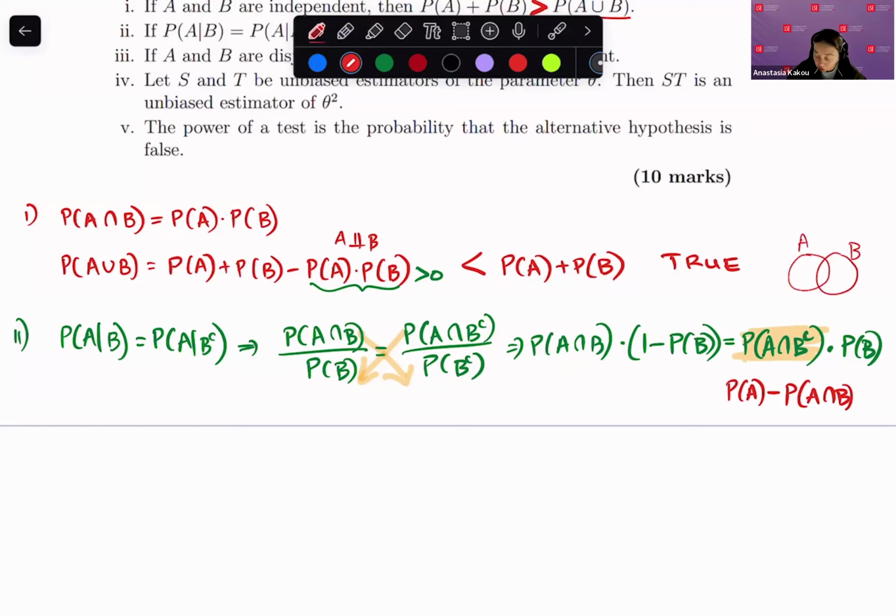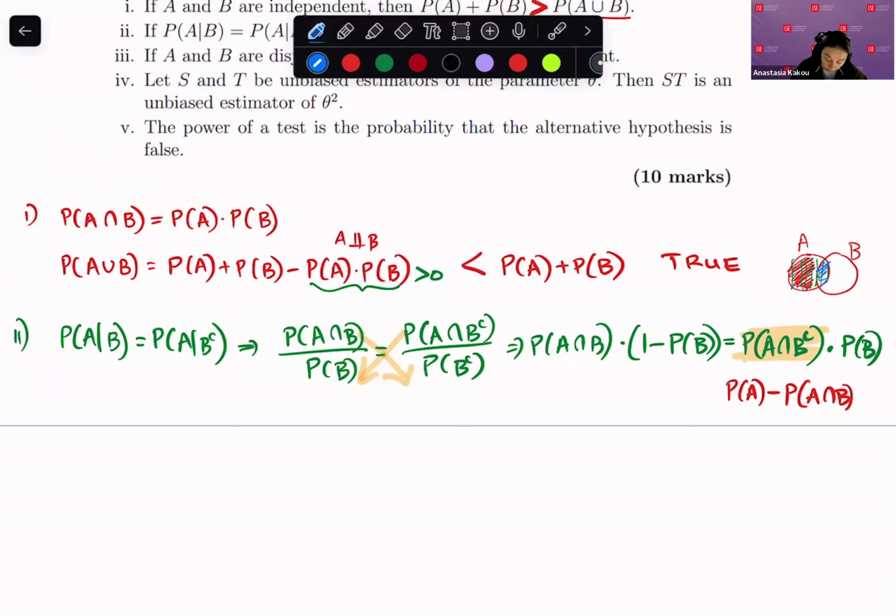So you have this case, and probability of A intersection B complement is this area. This is the A intersection B complement, which is equivalent to taking all of A and subtracting this bit.